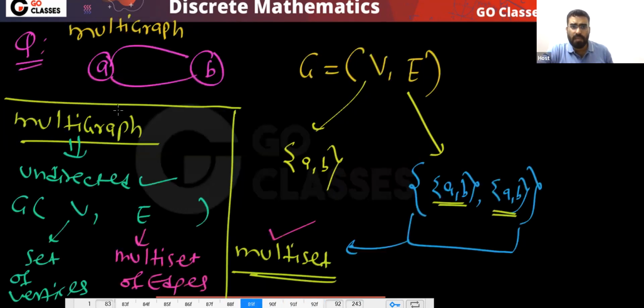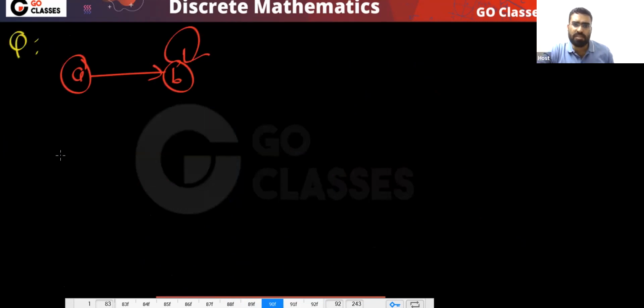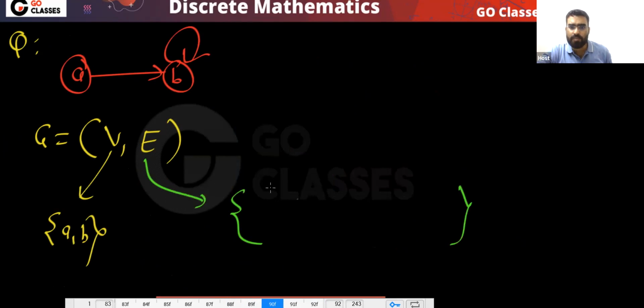And how will you represent this graph, A, B? This is a directed graph. It is a set of vertices and a set of edges. First, the set of vertices is A comma B. And this is a set of edges, but every edge is an ordered pair.